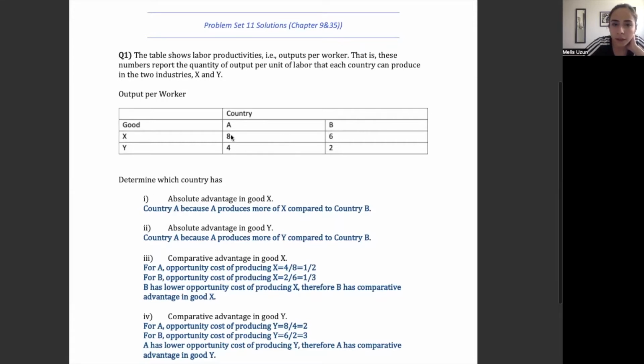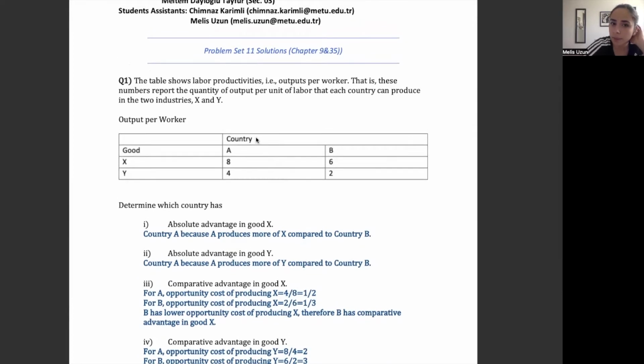If we look, country A produces 8 of X and country B produces 6 of X. Because country A produces more X with the same number of workers, country A has an absolute advantage in good X. And if we look at which country has an absolute advantage in good Y, country A produces 4 Ys and country B produces 2 Ys.